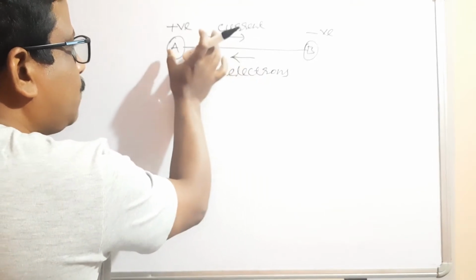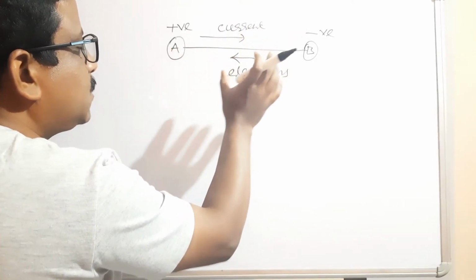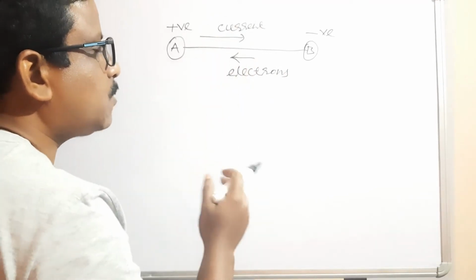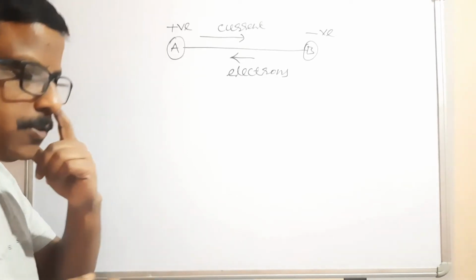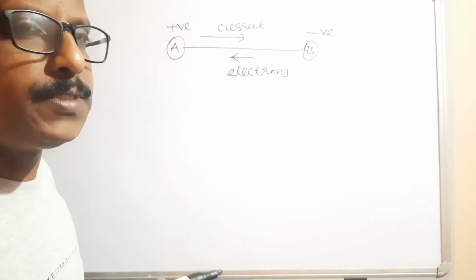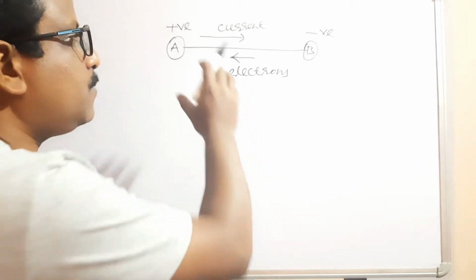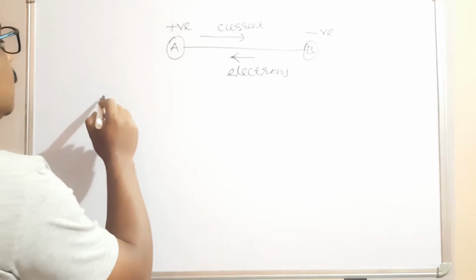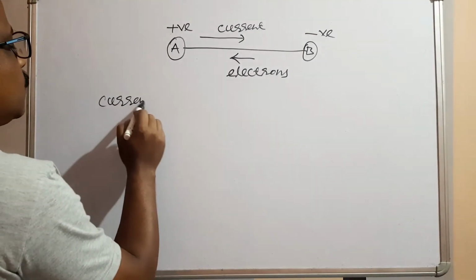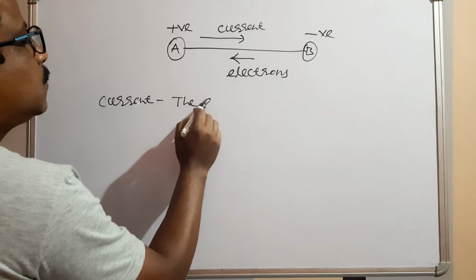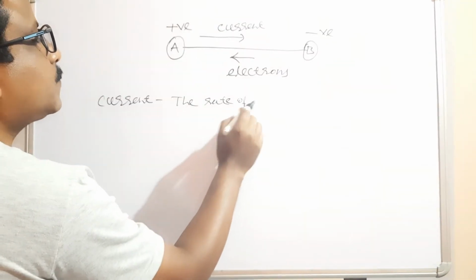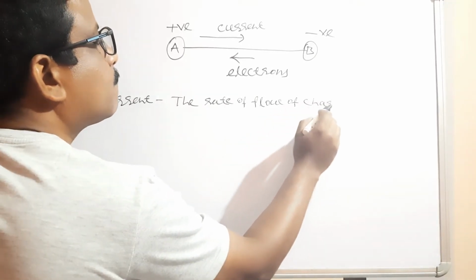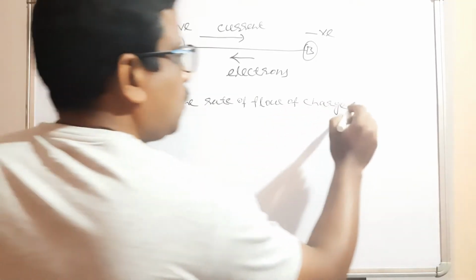Now both end A and end B are charged, so the flow of charge in a particular time is called current. So what is current? Understood? The rate of flow of charge. Rate means in a particular time how much charge is flowing. So the current definition is: the rate of flow of charge is called current.